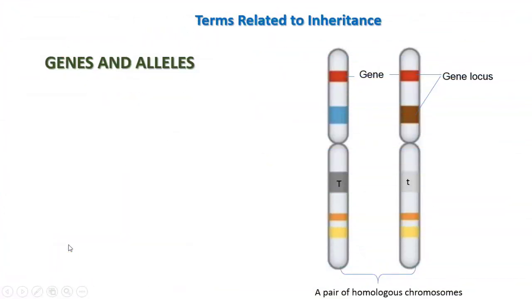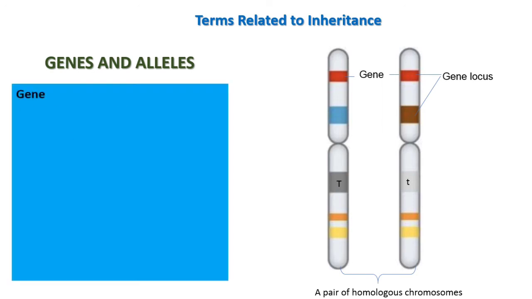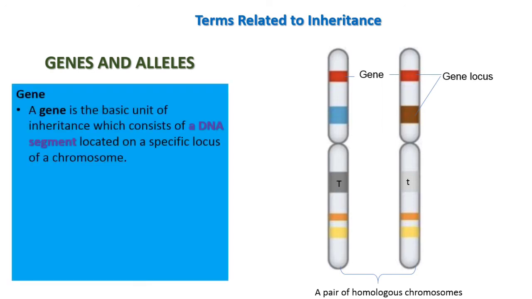This is a pair of homologous chromosomes in the nucleus. So what is a gene? A gene is a basic unit of inheritance which consists of a DNA segment located on a specific locus of a chromosome. So this is a gene.